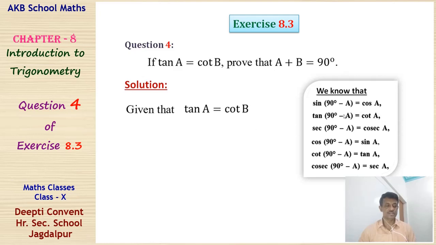Using this relation, cot b can be converted to tan (90 minus b), because tan (90 minus a) equals cot a. So cot b equals tan (90 minus b). So let us write this. Now 90 minus b and a are acute angles, so we can equate the values of the angles.